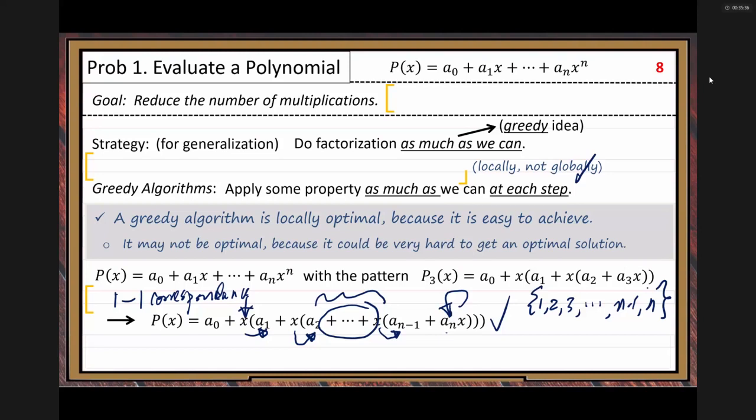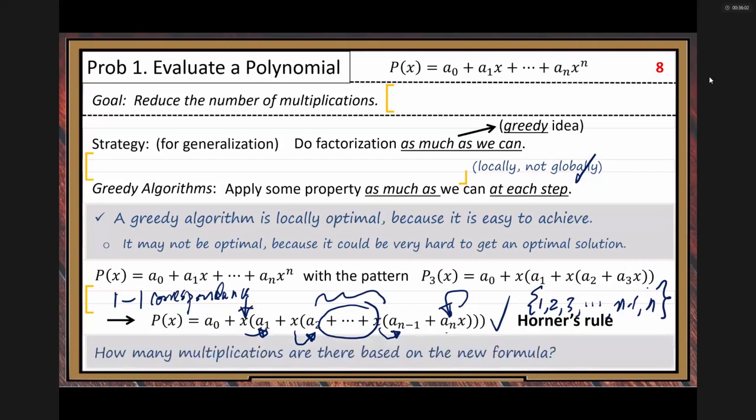The point is you won't get lost. Now, the answer is n multiplications, and we call this method Horner's rule, the famous Horner's rule. Pretty simple, but the improvement is huge.